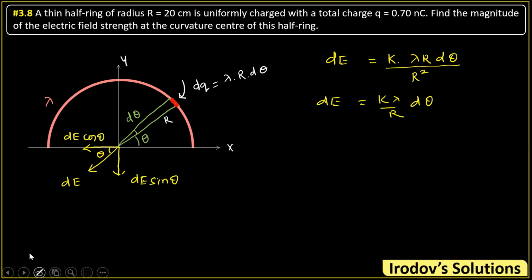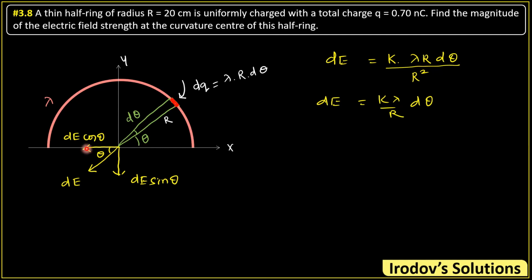If we look at the symmetry of this problem, all those components along the x-axis will get cancelled. If I go symmetrically to this point, because of that element, the electric field will be along this direction, so its y component would be along this direction, and its x component along this direction.